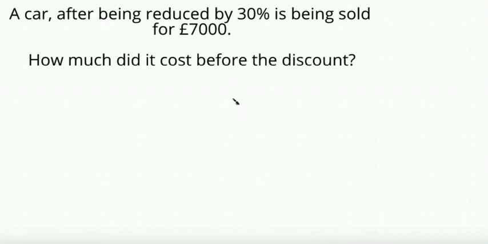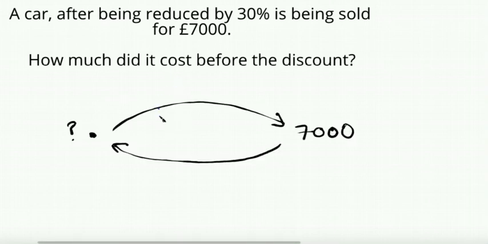How much did it cost before the discount? Let me draw a diagram to show this example. So in this example, we had the old price and the item was reduced by 30%.